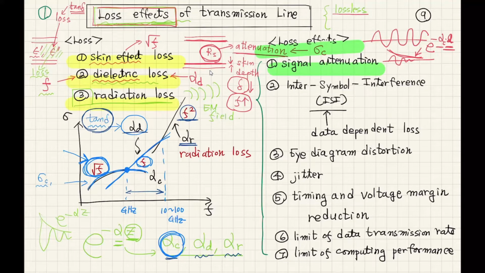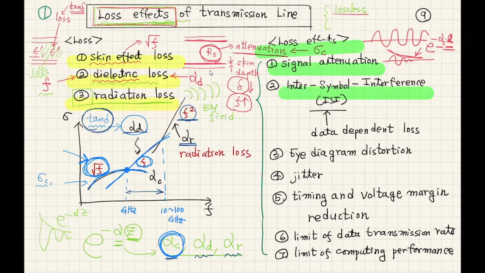The amplitude of the signal at the receiving side will be becoming smaller and smaller. The second problem related to this high loss is intersymbol interference.